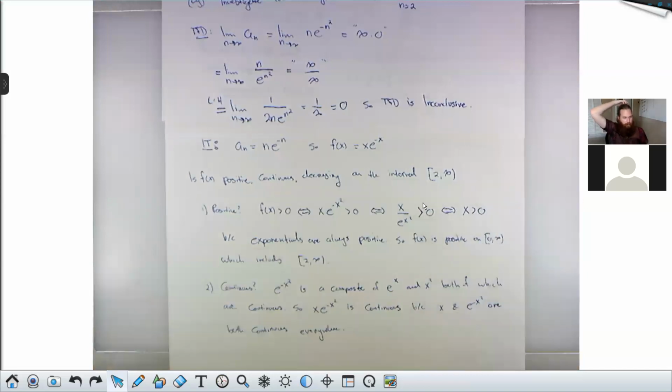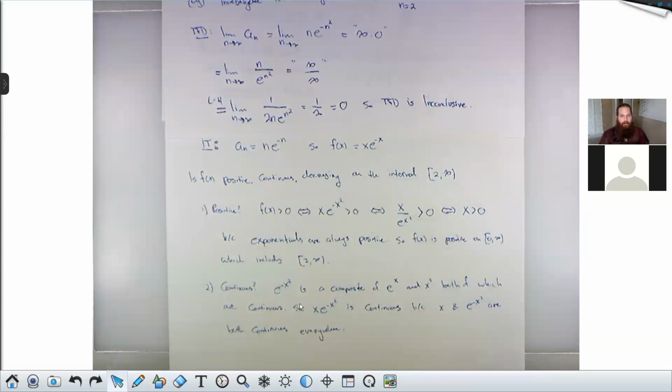So remember, you've got some rules from Calc 1. If you multiply two continuous functions, the result is continuous. And e to the negative x squared is continuous because it is a composite function. If you have two functions that are both continuous and you compose them, you plug one into the other, then the result is always continuous.